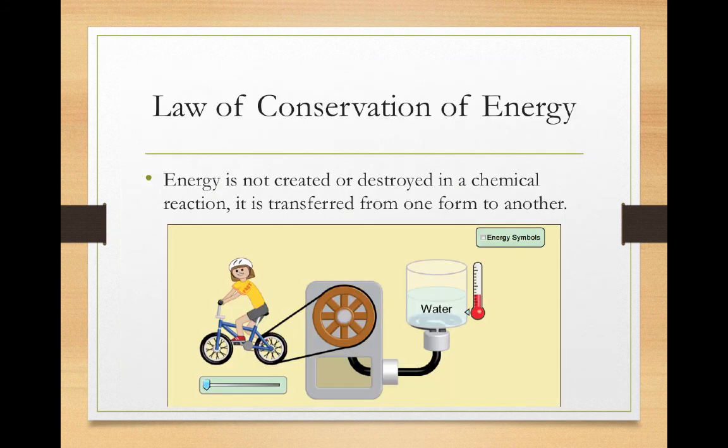We start our information by looking at the law of conservation of energy. Now, this is a very simple law, but it basically just tells us energy can't be created or destroyed. Whatever energy we have in a system, actually throughout the universe, is constant. All that happens is it gets transferred.